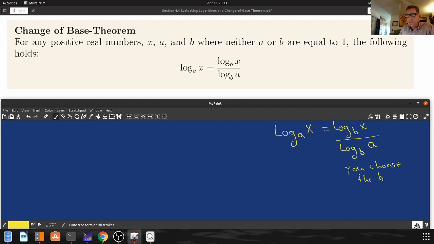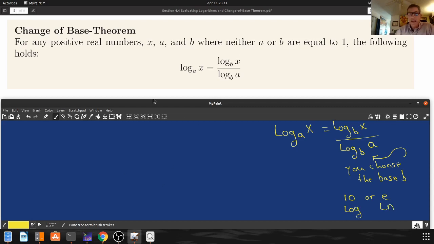You choose the base b. For this side, you get to choose. So for us in our calculators, that's going to be 10 or e, which means we use log or natural log.